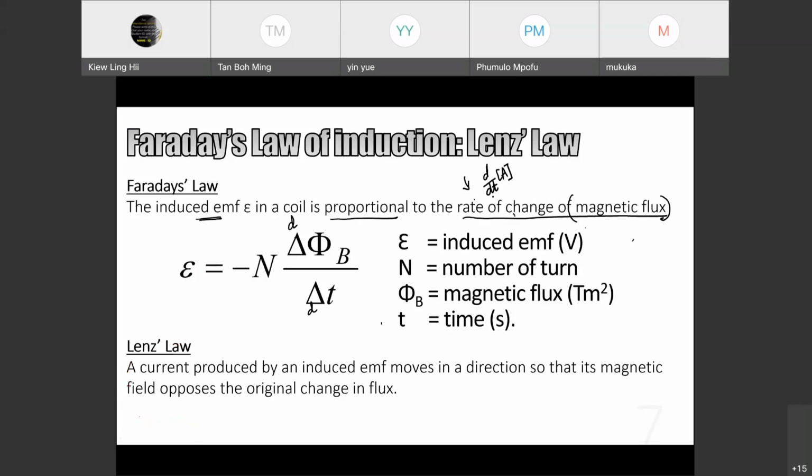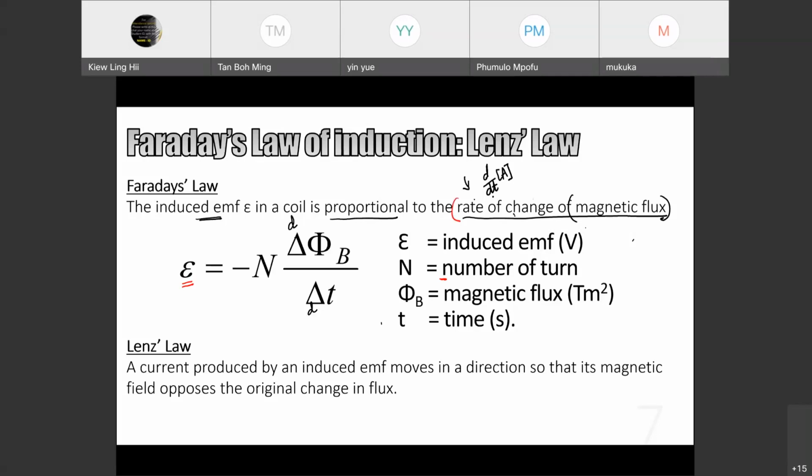So write them down as a formula. Epsilon, which stands for induced EMF, equals negative N, where N is the number of turns, times the change in magnetic flux over the change in time. All right, so that is Faraday's law. The amount of induced EMF is directly proportional to the rate of change.